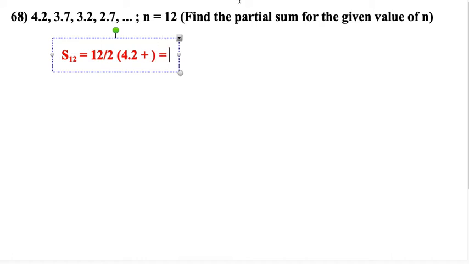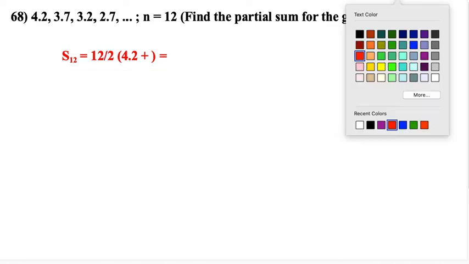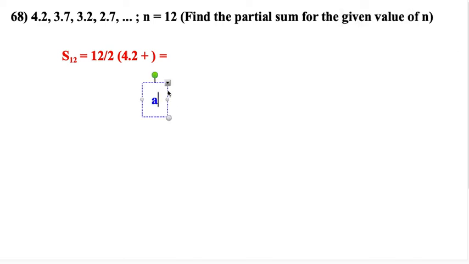So to figure that out, what we need to do is write the explicit formula and then plug in 12. So we're going to have to figure out a sub n, and then we know that that is 4.2 plus, now to go from 4.2 to 3.7, I would argue that we're decreasing by 0.5.